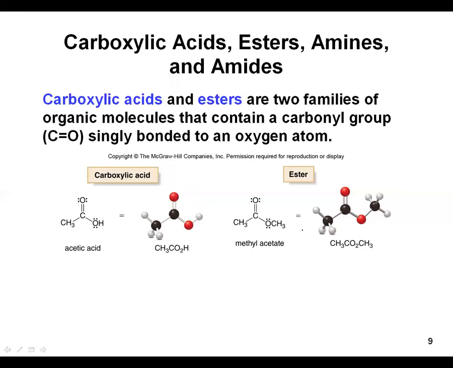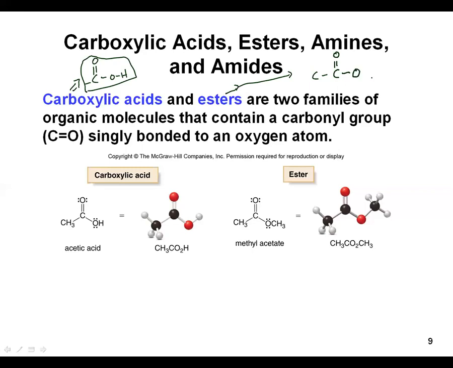The carboxylic acid, as I think we've talked a little bit about, has this as its functional group, the carbon-oxygen double bond with the OH group on it. That's the carboxylic acid group right there. Esters have basically a carbon to carbon to oxygen, and then much like a ketone, instead of another carbon, it actually has an oxygen.